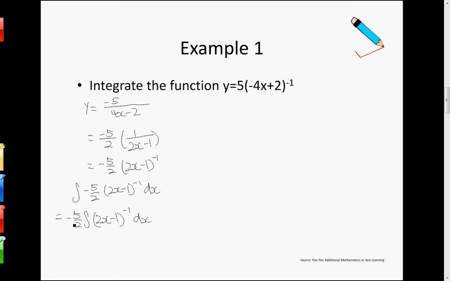Then we will get negative 5 over 2, and integrating this will give me half times ln of 2x minus 1. This is just negative 5 over 4 ln 2x minus 1 plus c. Oops, actually I forgot to put a plus c here. I must plus c, so the constant of integration must be included as well.